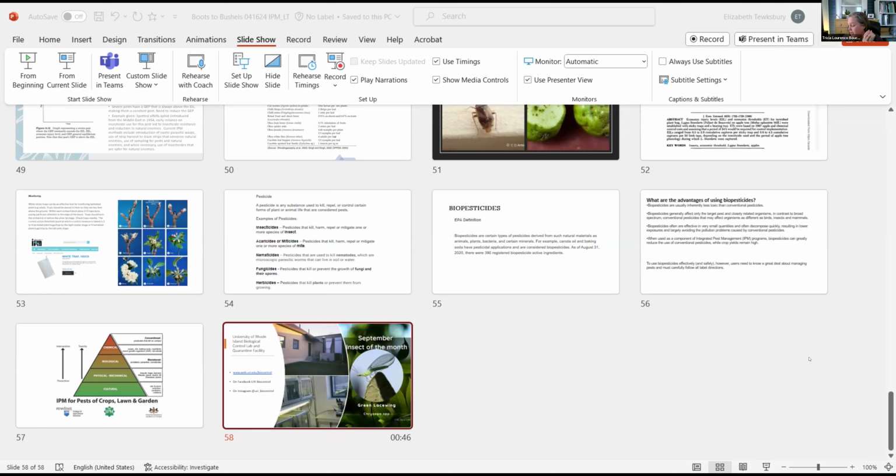Dr. Tewksbury, where did you find the economic thresholds chart? I would probably have to look that up for you, because I think that was a while ago. I wanted to give you even more resources, but almost every land grant university has integrated pest management. I'm the integrated pest management coordinator for Rhode Island.